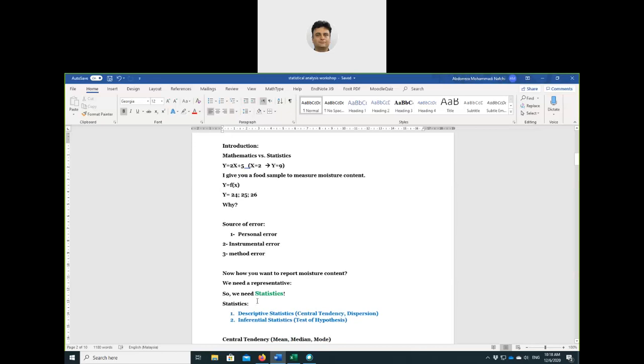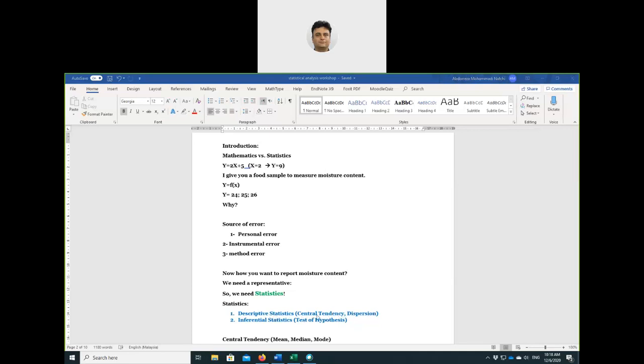Statistical science is divided into two parts: descriptive statistics and inferential statistics. Descriptive statistics give you central tendency, or central indexes, and dispersion, or variability.